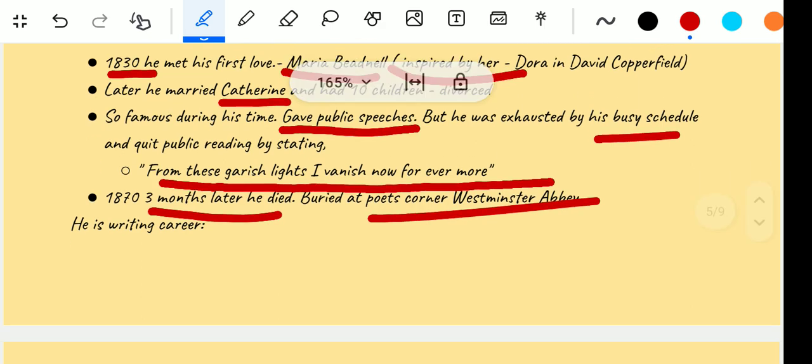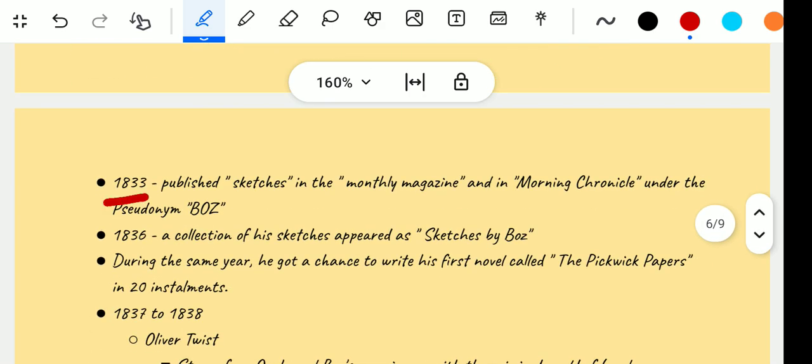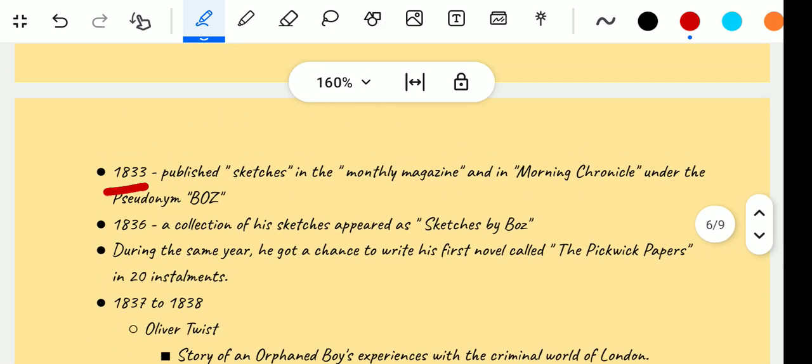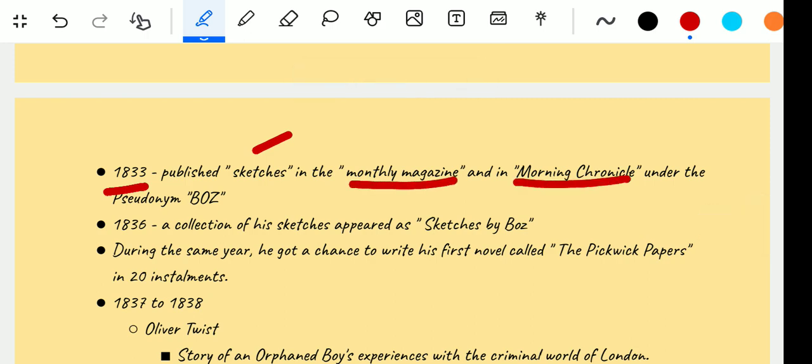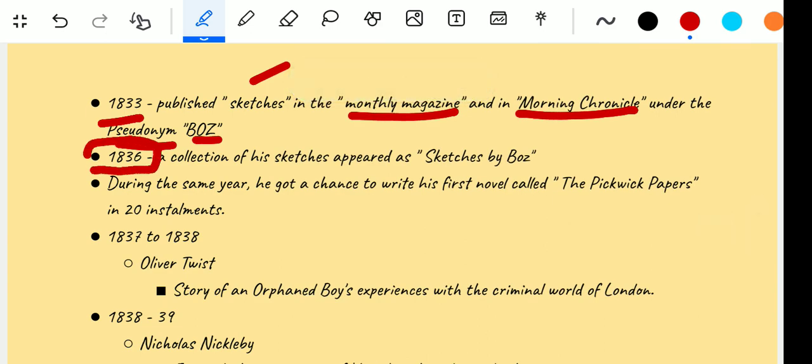And now let us see his most notable works. In 1833, he published sketches, writings for the monthly magazine and Morning Chronicle, under a pseudonym, Boz. All these sketches by Boz were collected and published in 1836 as Sketches by Boz.